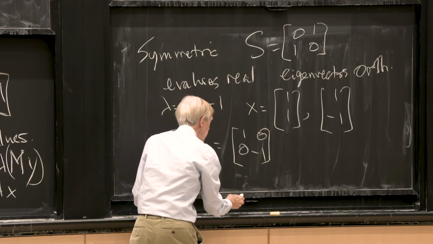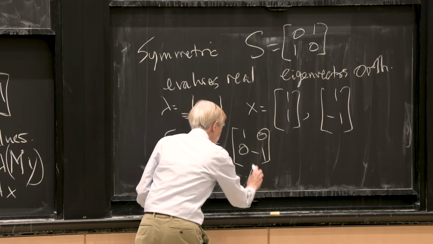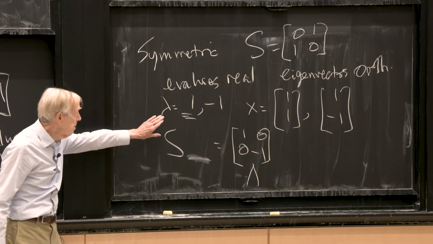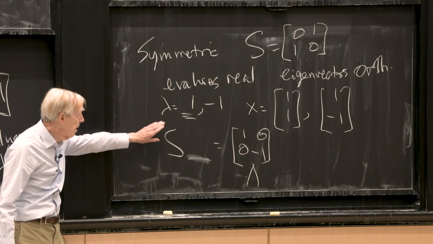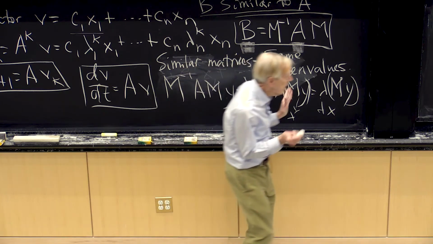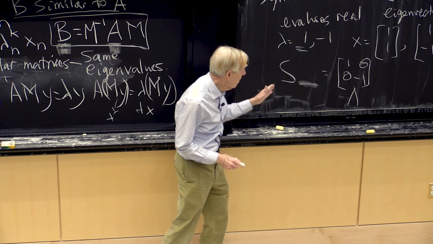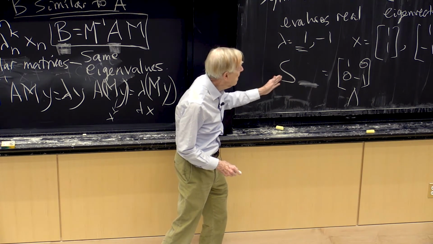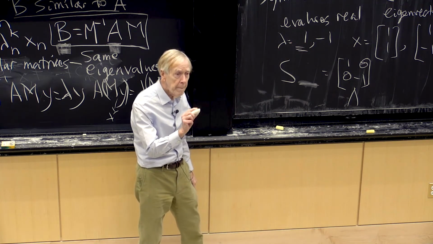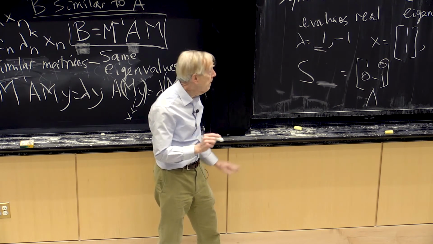Everybody calls that matrix capital lambda, because everybody calls the eigenvalues little lambda. So the matrix that has them is called capital lambda. And my claim is that these guys are similar. That this matrix S that you're seeing up there, I believe there's an M.